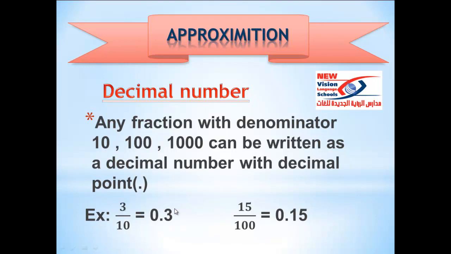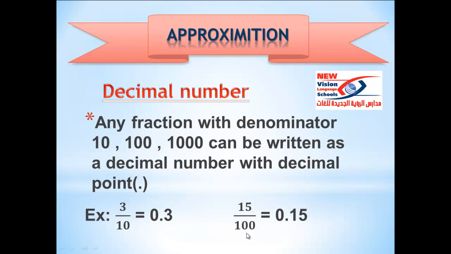Put 3 down and put the decimal point after one digit. Why? Because the denominator here is 10, which has one zero, so the decimal point goes from right to left after one digit. So the result will be 0.3.